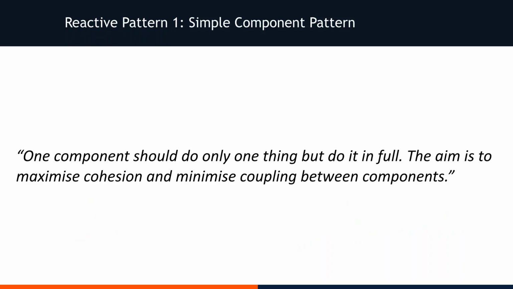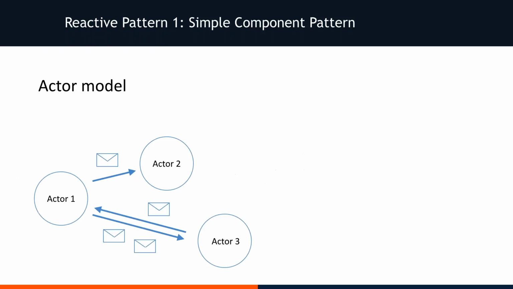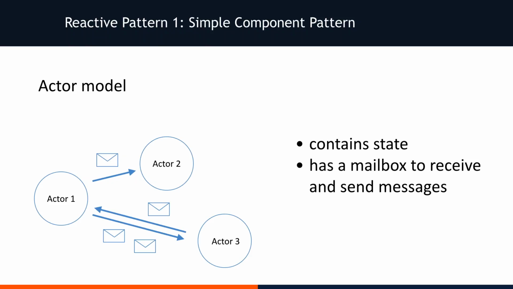Now, how does Akka implement this? Akka relies on the actor model, where an actor is an isolated component that contains state, so some internal state. It has a mailbox to receive and send messages, the messages that we mentioned earlier.